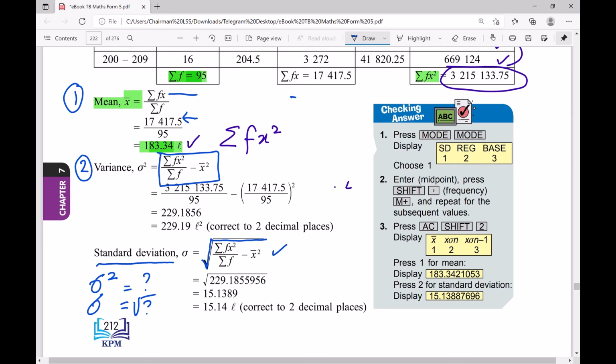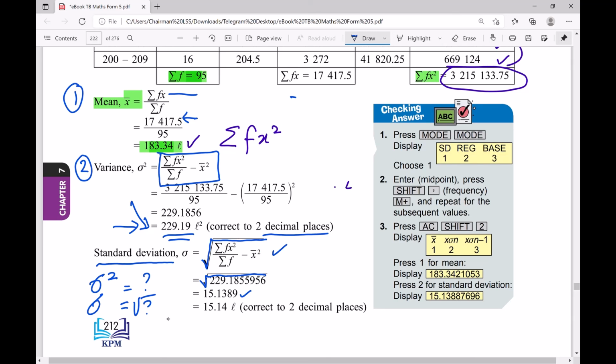Okay, why he didn't use this last answer? Because you know that you just square this one. But what happened if you square this one? Because this one already, you have already corrected it to 2 decimal places. So your answer will be different if you square this one. It's better that, okay, you get the answer 229.185956. Then you square root it, you'll get this one.